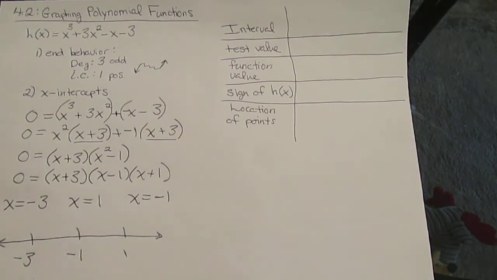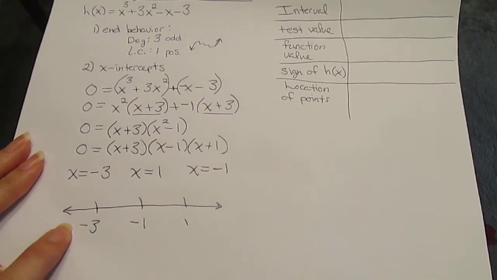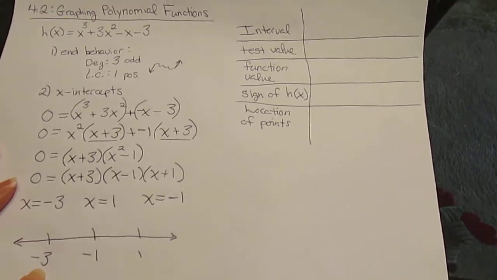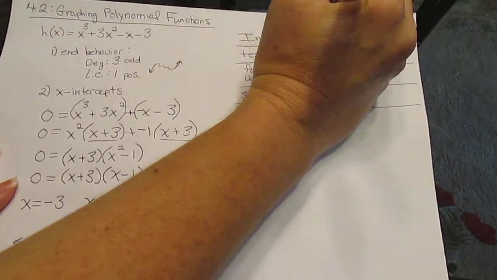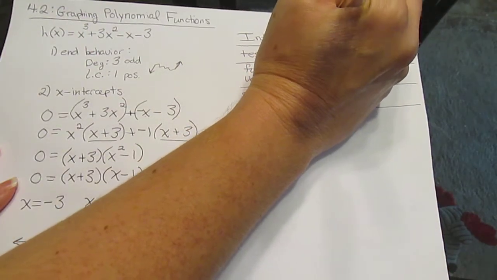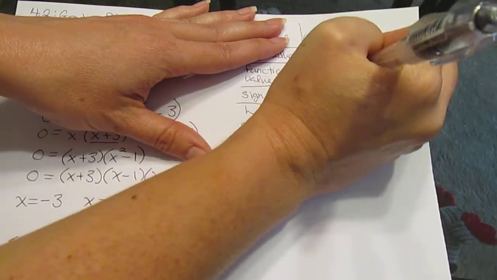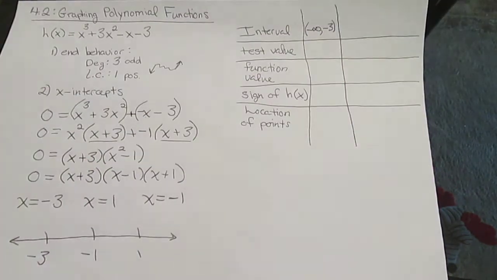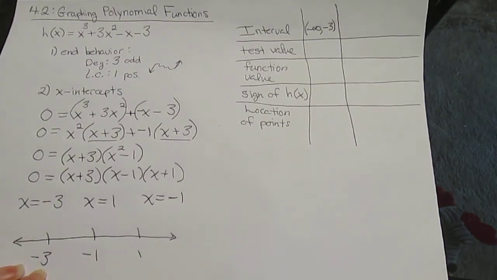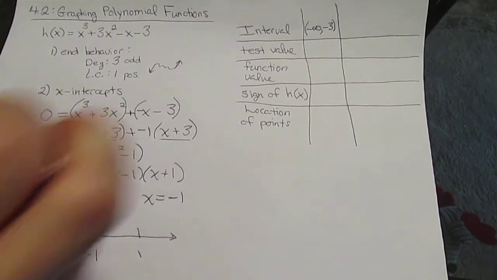And this is why I drew this number line right here, because that's going to fill out the top row. It's our intervals. My first interval is -∞ to -3. My second interval is -3 to -1.